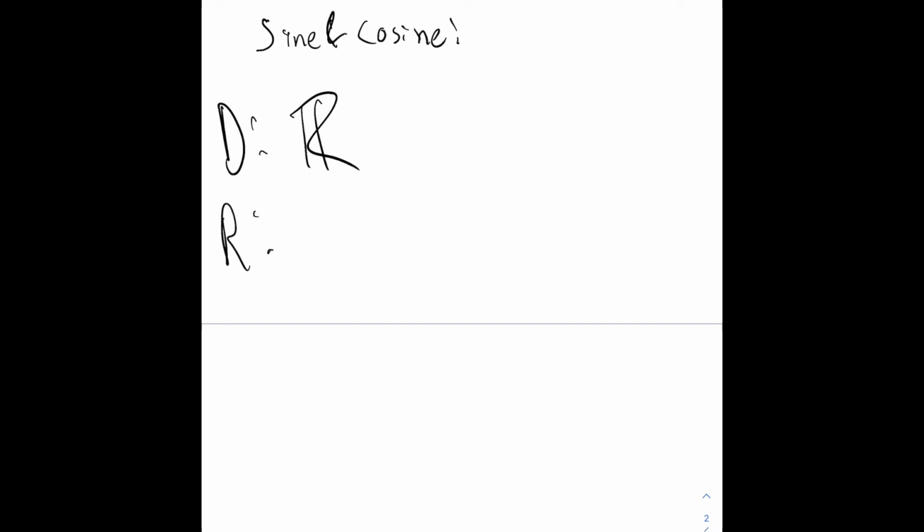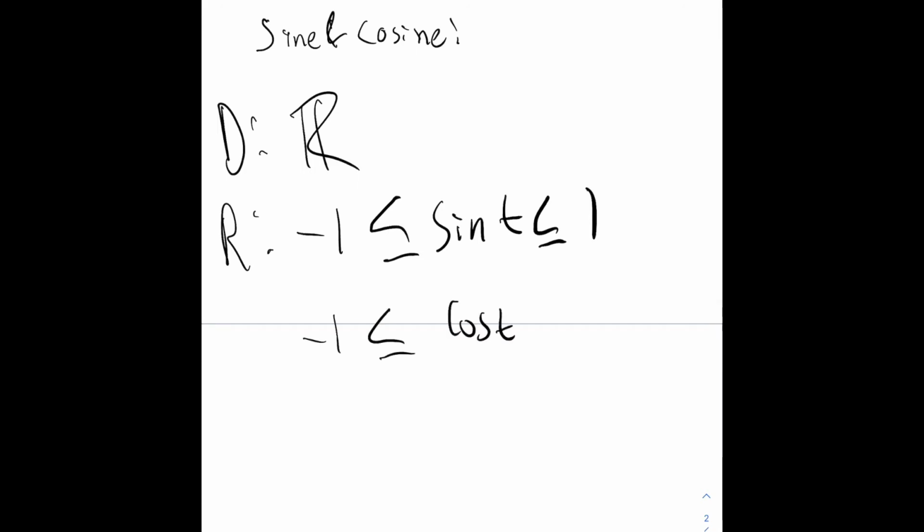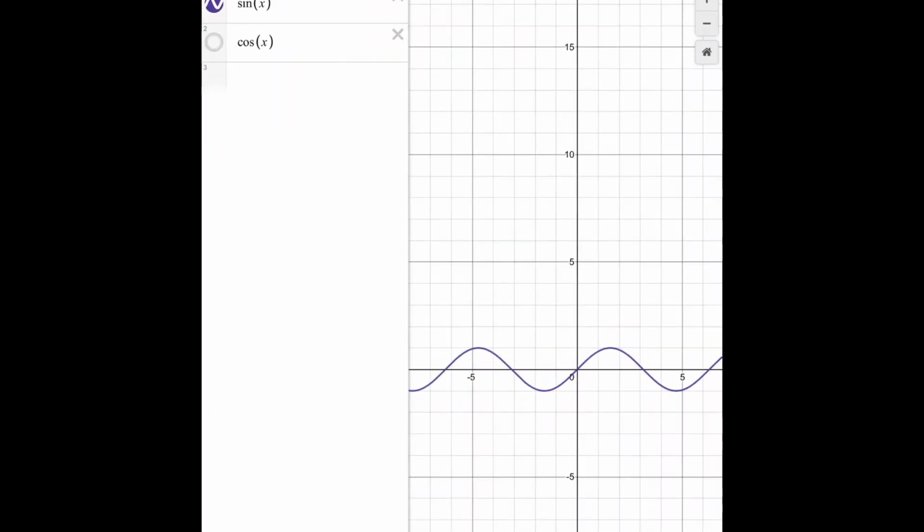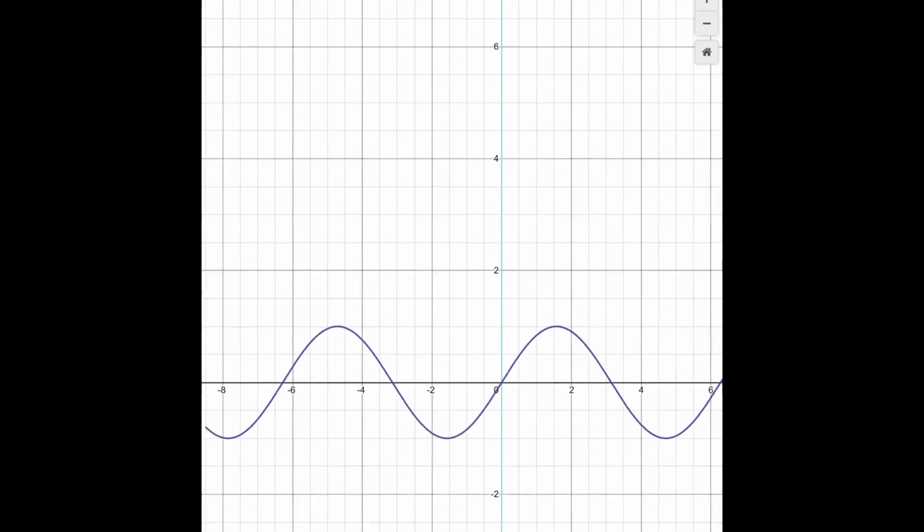Range is actually going to fluctuate between -1 and +1 for sine and cosine. So if we look at Desmos, I have the sine graphed here.